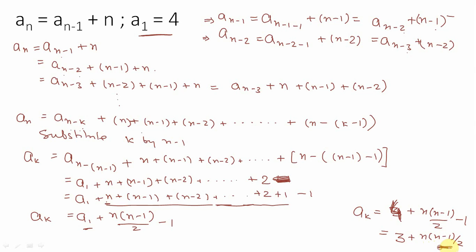This is the required solution. So the solution for the recurrence relation is a_n equal to 3 plus n into (n-1) divided by 2.